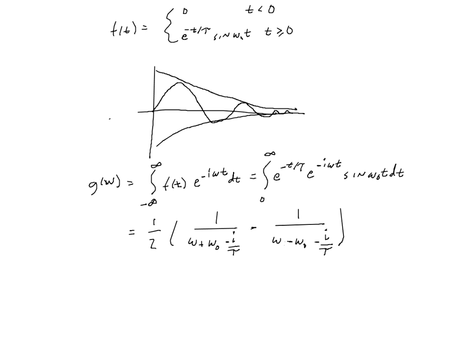And if you integrate that over all time, that's going to be the total amount of radiated power. So if you take 1 over 2 pi times the integral from minus infinity to infinity, basically adding over all frequencies, g of omega squared d omega, that's going to be equal to the integral from 0 to infinity of f of t squared dt.